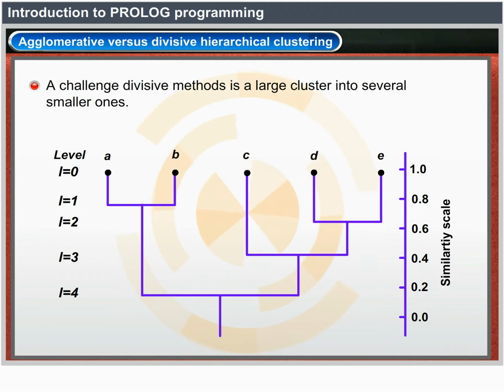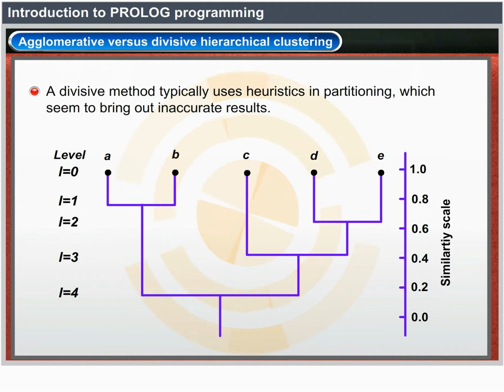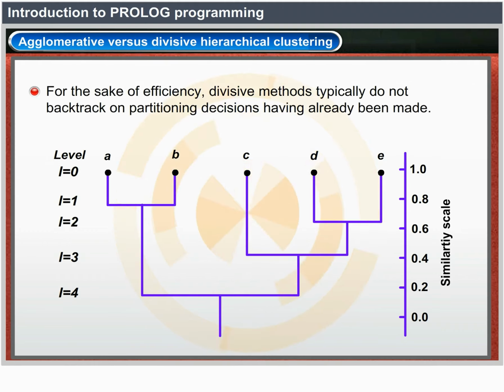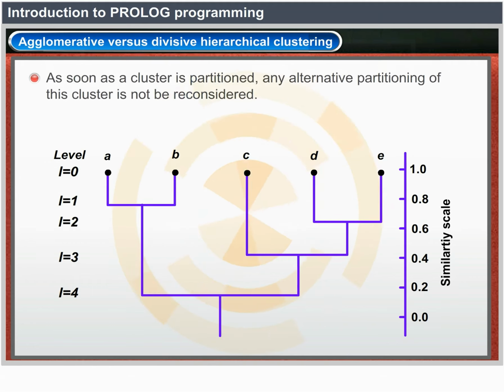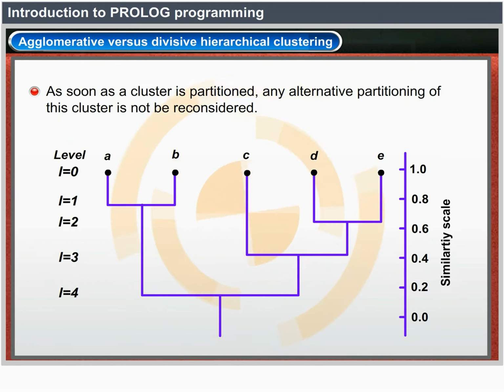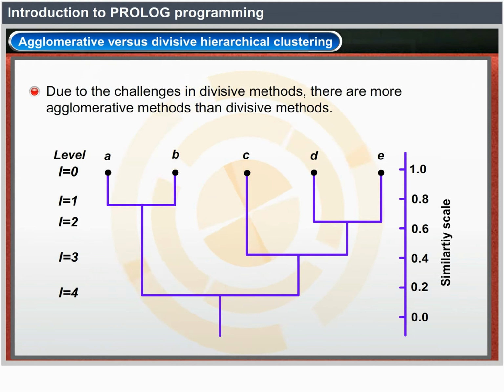A divisive method typically uses heuristics in partitioning, which can lead to inaccurate results. For the sake of efficiency, divisive methods typically do not backtrack on partitioning decisions that have been made. Once a cluster is partitioned, any alternative partitioning of this cluster will not be considered again. Due to the challenges in divisive methods, there are many more agglomerative methods than divisive methods.